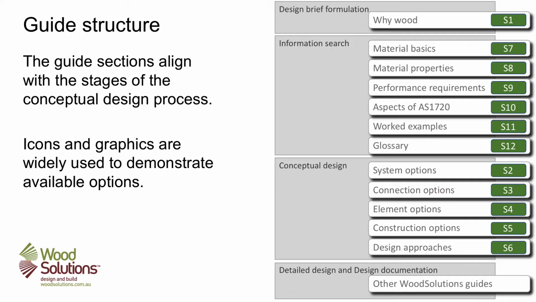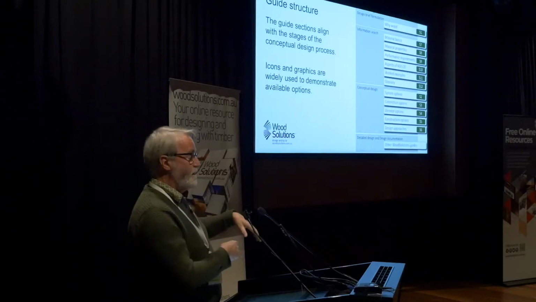The guide is broken up into a range of sections, aligned with the stages of the conceptual design process. You start off with brief formulation, then work through to the information search, all the things you need to understand as you seek to develop a solution. There are then conceptual design stages, and then detailed design and documentation are recognised.